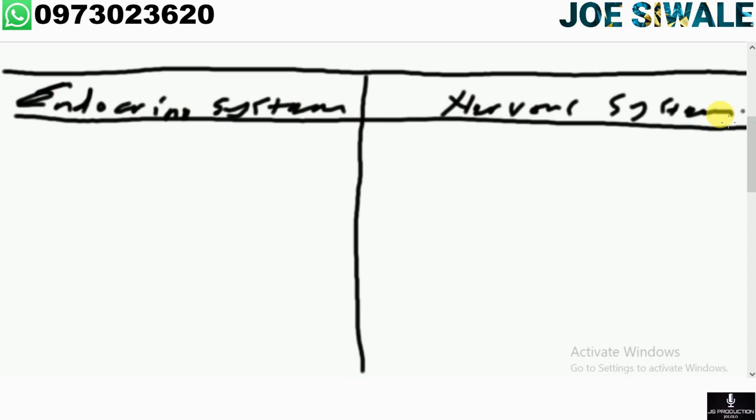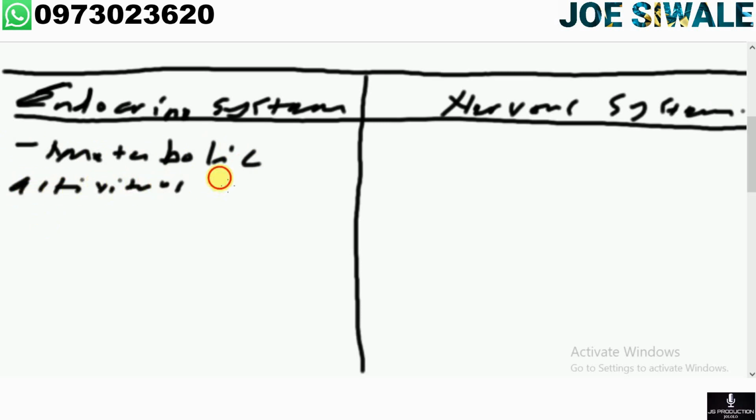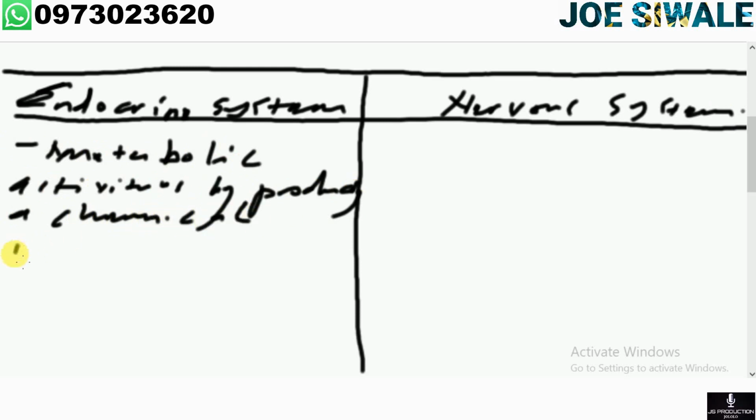The first difference is that the endocrine system influences metabolic activities by means of chemical messengers called hormones. So it influences metabolic activities by producing a chemical messenger, which are hormones.